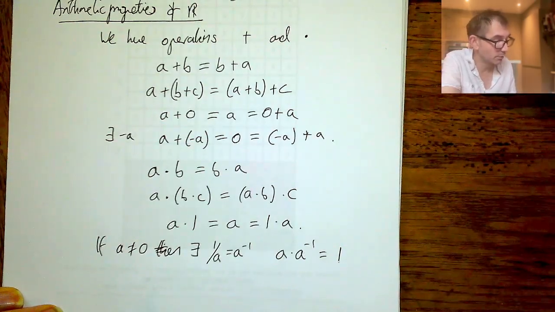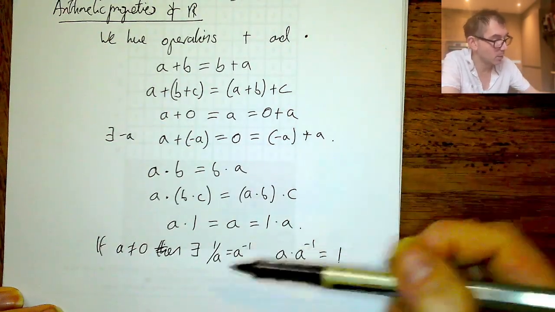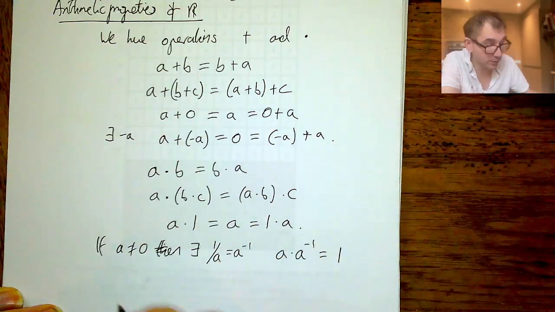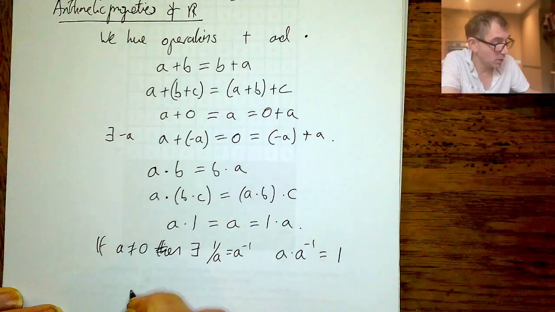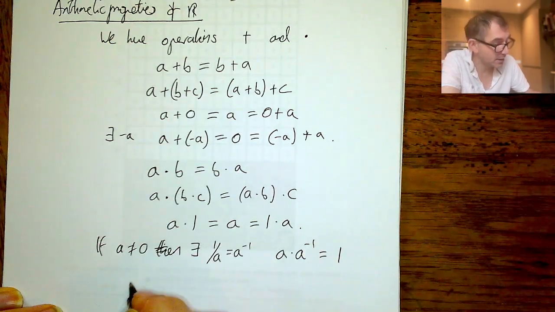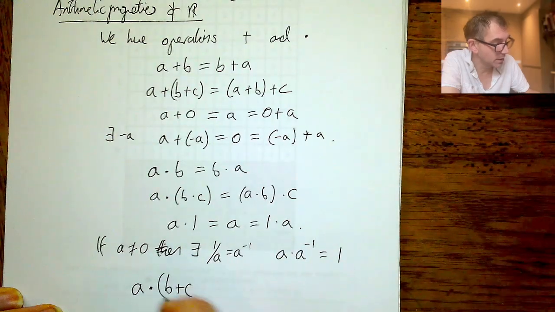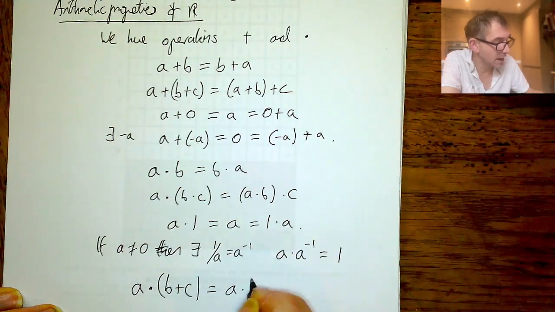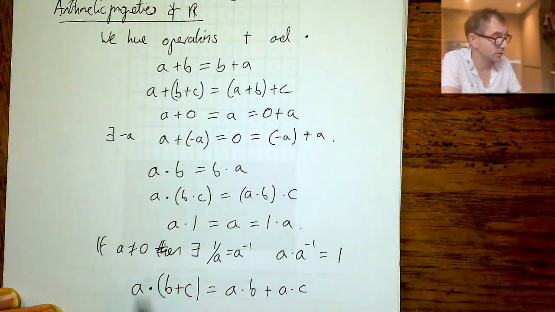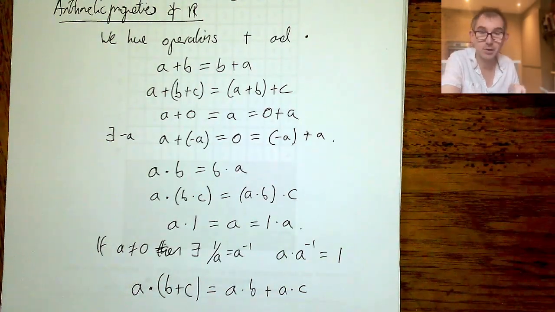And there's one more thing that we need to say, which is just how multiplication and addition interact with each other. So all that is you can expand brackets. So A times (B plus C) is equal to A times B plus A times C. And you can expand brackets either way round, of course.